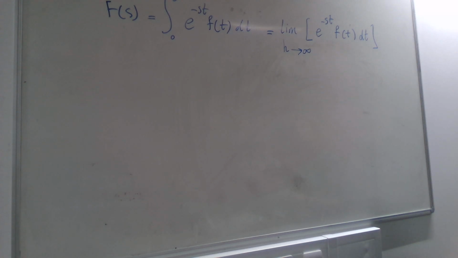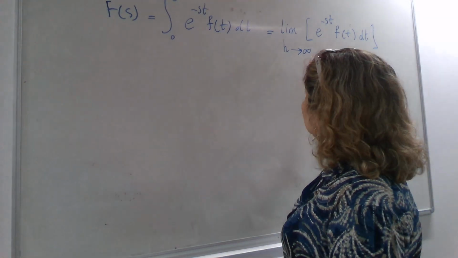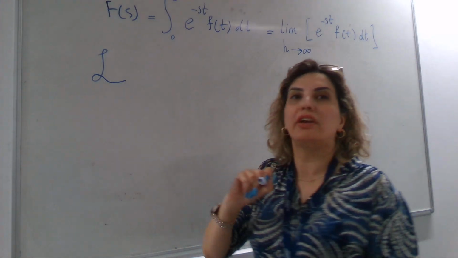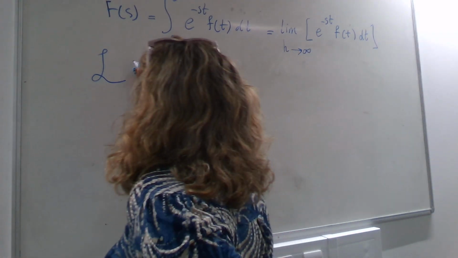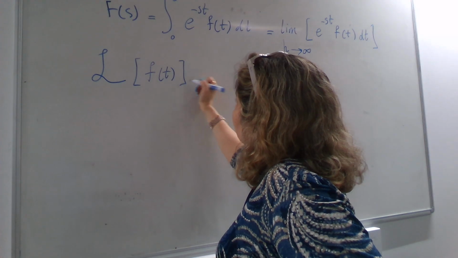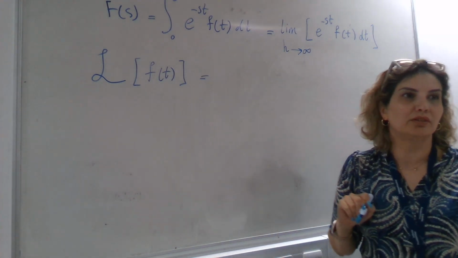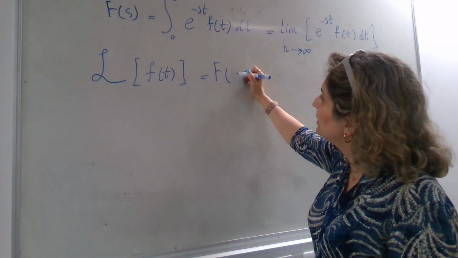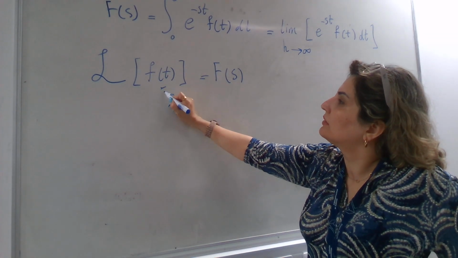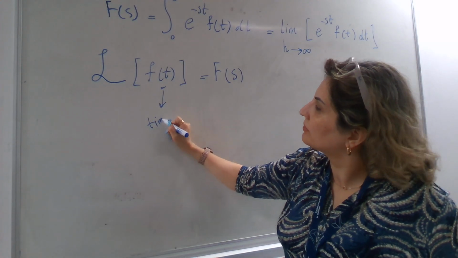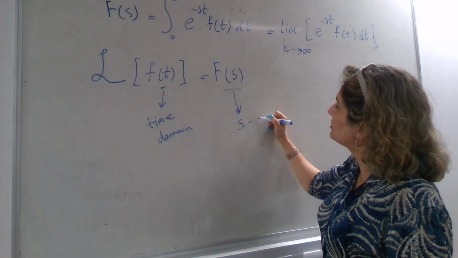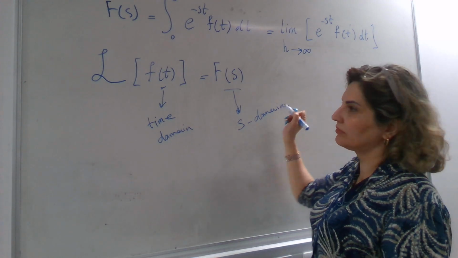Now I want to rewrite it again. This operation can be written with this operator, a little bit like a curly L. So if I say that the Laplace of the function f of t is equal to capital F of s, here is the time domain, here is the s domain, right?